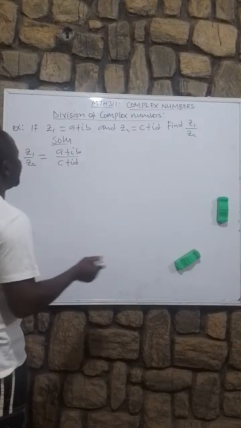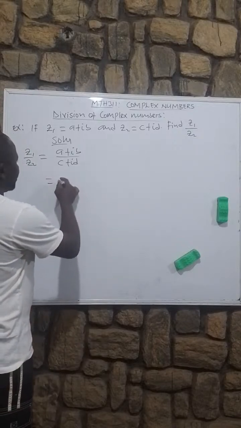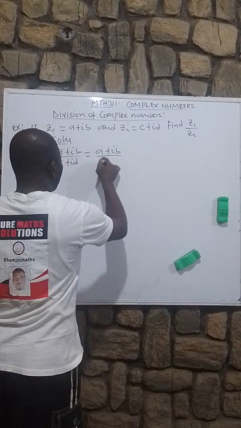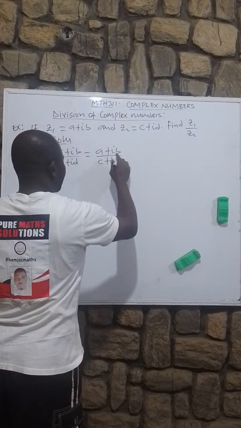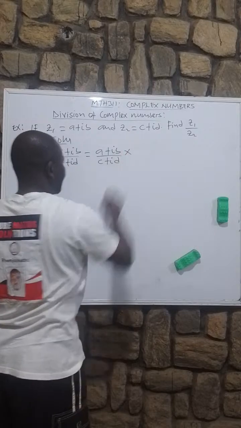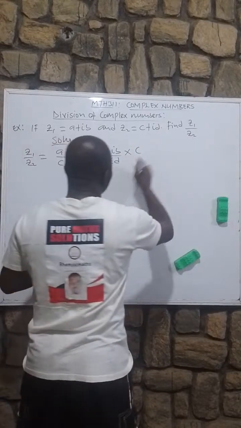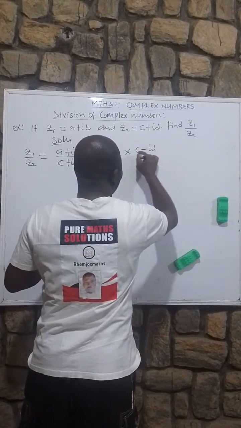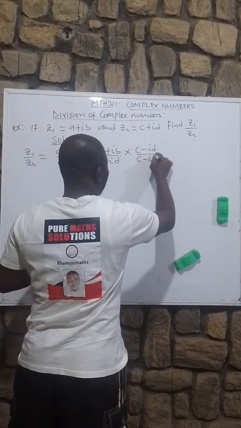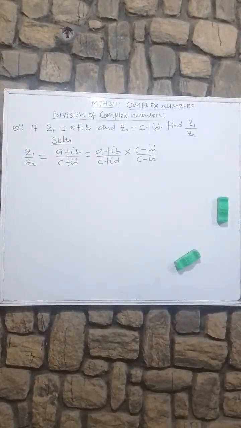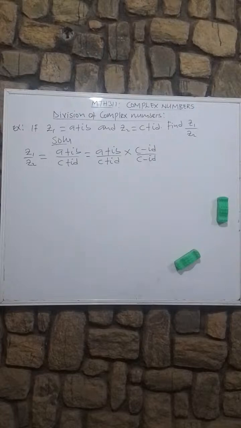So this is equal to a plus ib all over c plus id, times, you conjugate the denominator, c, this plus will now turn to what? Minus id all over c minus id. Are you following? Any question, please?